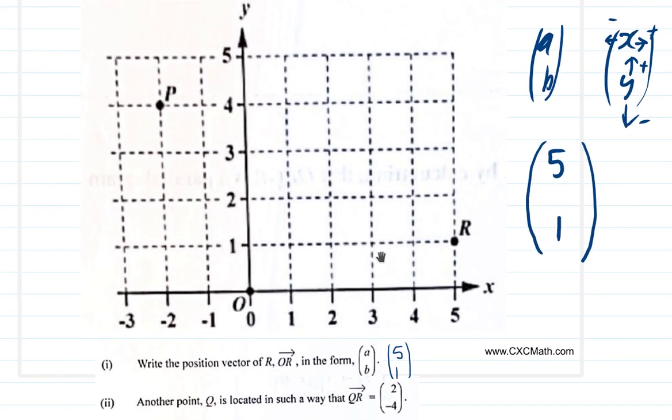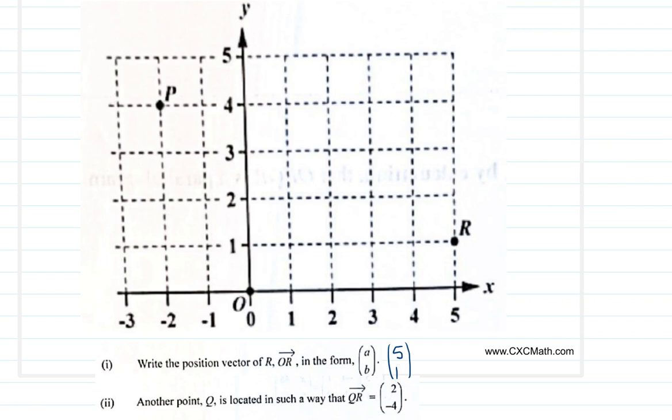Now here, remember, it says Q to R. Suppose Q was here, for argument's sake. Q to R would be horizontal movement and then vertical movement.